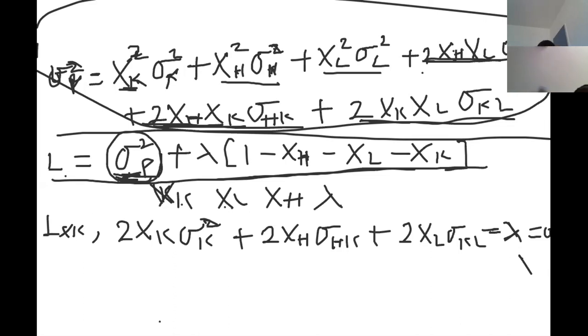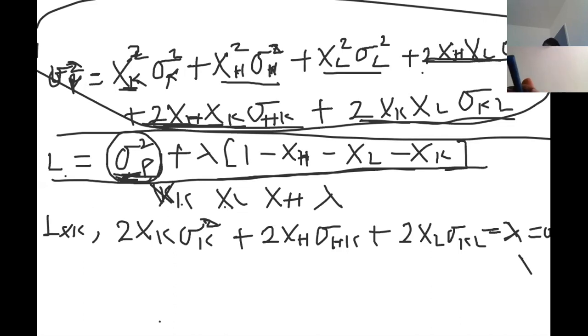When you are doing these, the order of arrangement is very, very important. Look at something. When you look at equation 1, I have 2sk variance of k plus 2sh covariance of hk plus 2sl covariance of k and l.